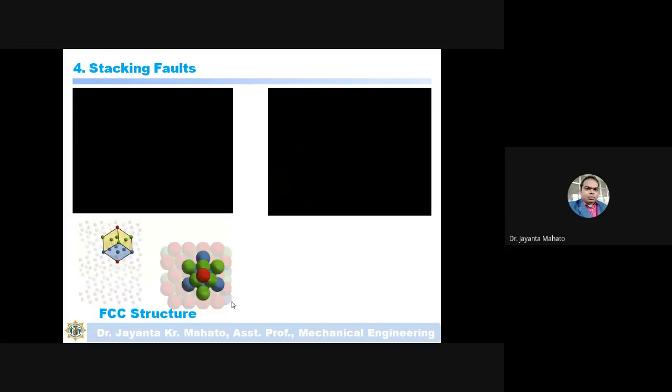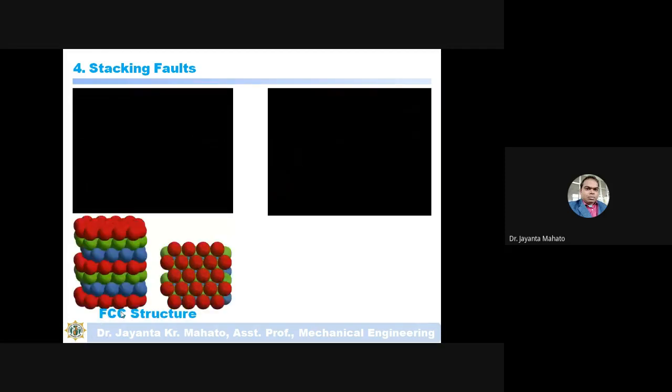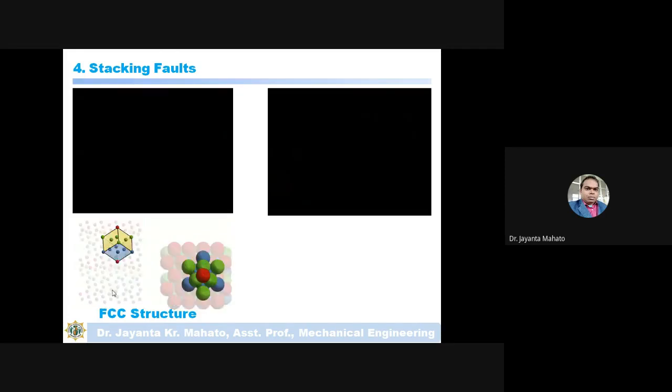In an FCC crystal structure, this is the arrangement of atomic planes over one another.